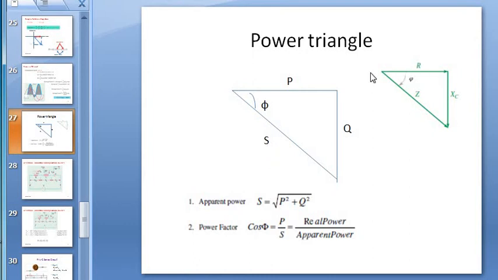I square R is P, the real power. I square X gives the reactive power Q. Apparent power is mathematically the square root of P square plus Q square, and cos phi is equal to the real power to the apparent power. This is what we have for the RC series circuit.